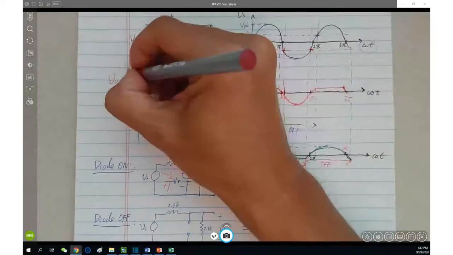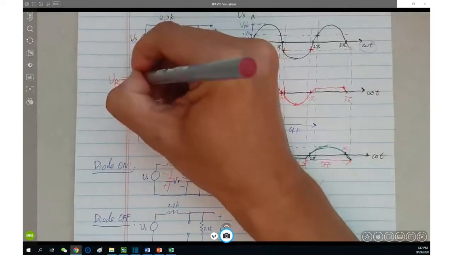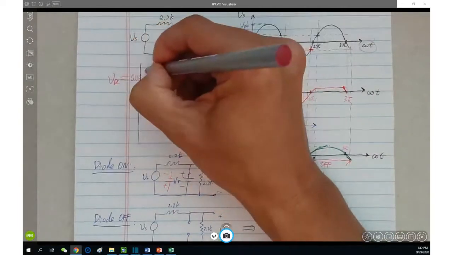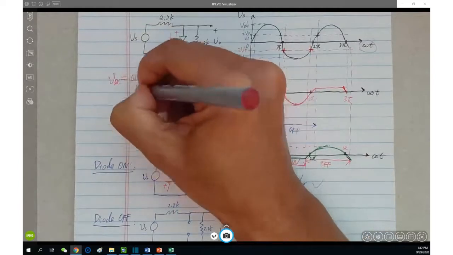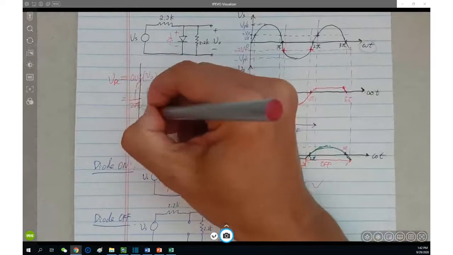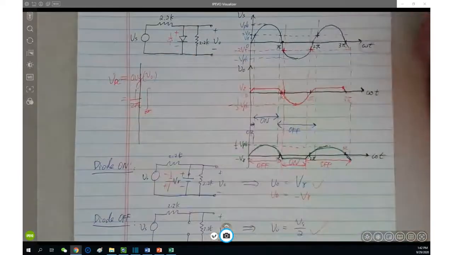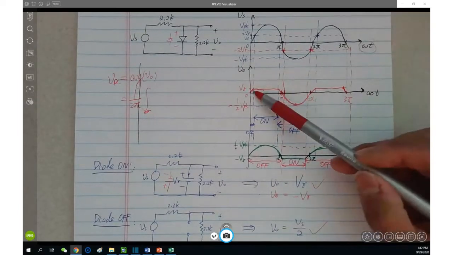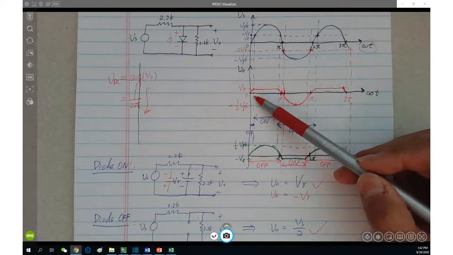The red result, the DC, is equal to the average of this V naught, right? V naught, therefore, is equal to what? We just mentioned the period was 2 pi, so integral over 2 pi. Not very easy, because we don't know this radiant position angle, right?